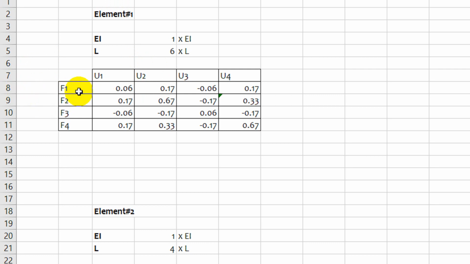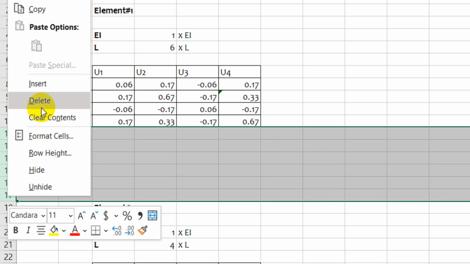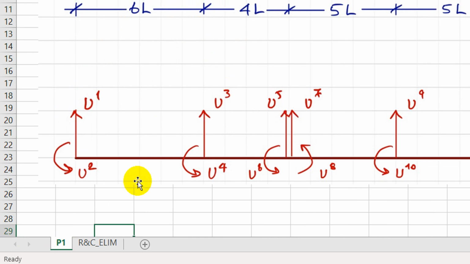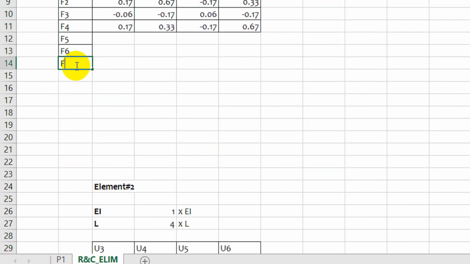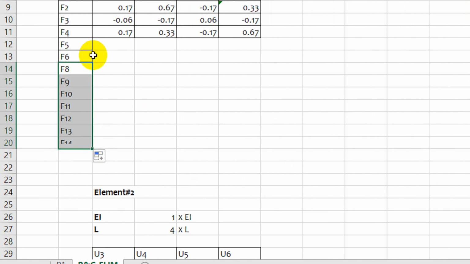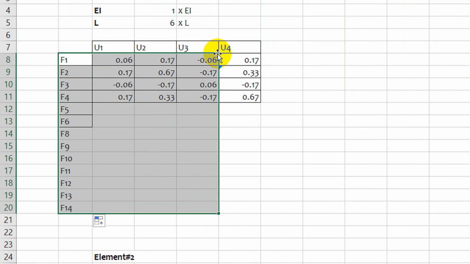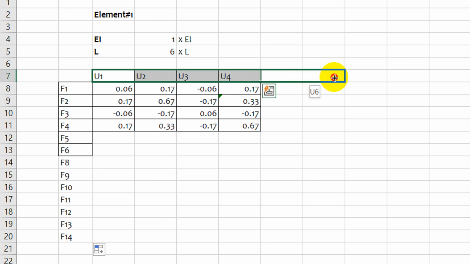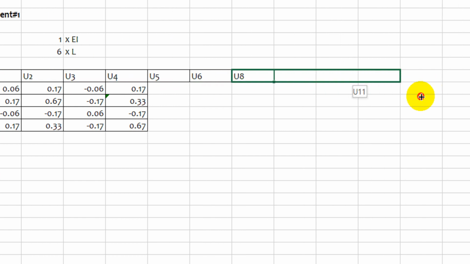First of all, we have F1, 2, 3, 4, 5, 6. We don't have 7, right? We just clear out the 7. So F8 to 14. And the same for the displacements: 1, 2, 3, 4, 5, 6, U8 and 2 to 14.